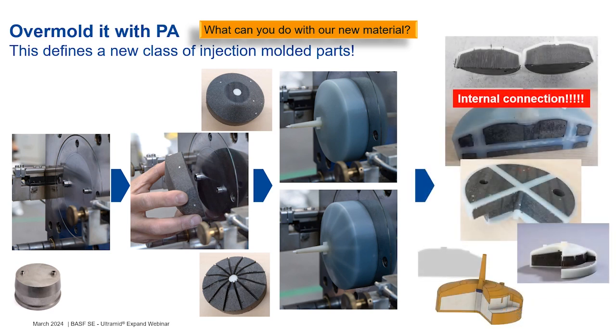The good thing, and you see that on the right side with that sketch, internal connection: the foam core is not just a core that builds some solid volume. It is an extension of the cavity. So by drilling holes in the core, you can really make a new class of injection molded parts, where you have inner connections that build a kind of internal skeleton in the injection molded part.